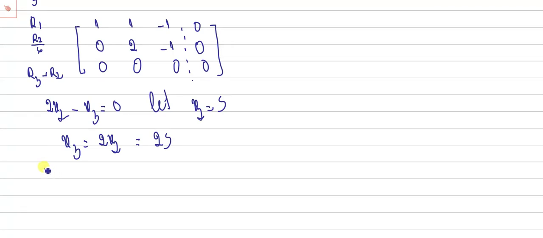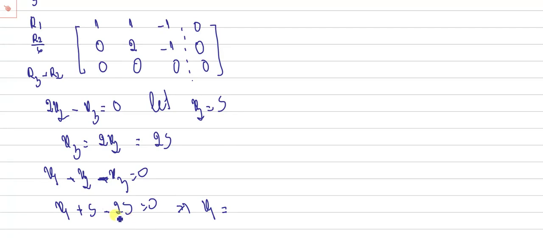And x1 plus x2 minus x3 equal to 0. So I have x1 plus s minus 2s equals 0. So we got x1 is equal to s.